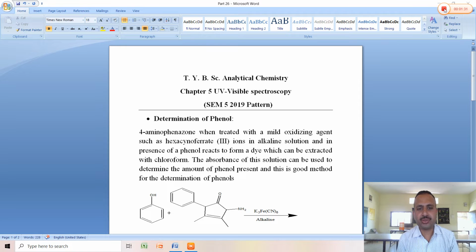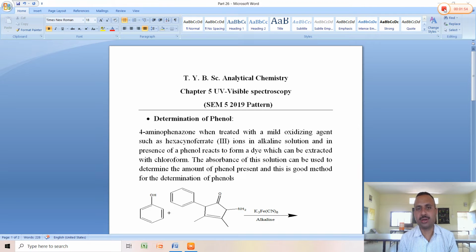4-aminophenazone, when treated with a mild oxidizing agent such as hexacyanoferrate(III) ions in alkaline solution and in the presence of phenol, reacts to form a dye which can be extracted with chloroform. The absorbance of this solution can be used to determine the amount of phenol present, and this is a good method for the determination of phenols.